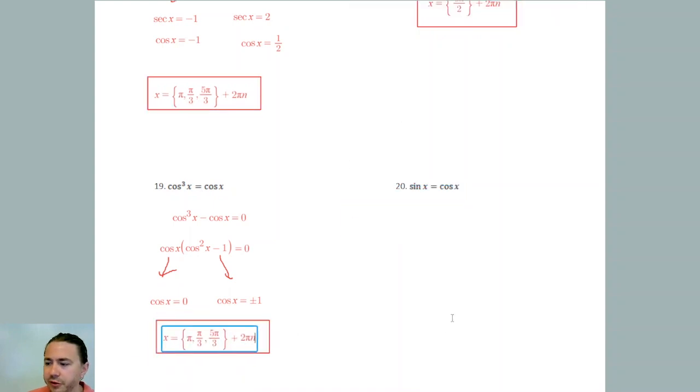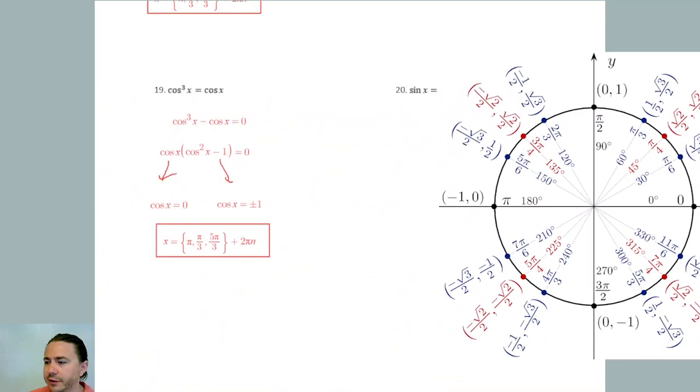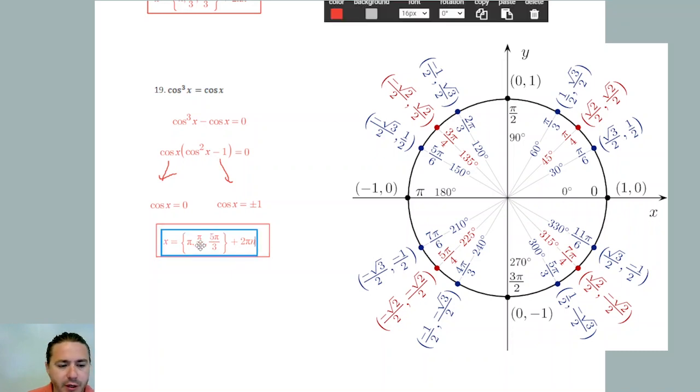Don't get too confused. All right, so cosine of x is 0 when x is, let's pull up that unit circle, our good friend. Cosine is 0 at pi/2 and 3pi/2. So actually, we're going to get 4, not just 3.